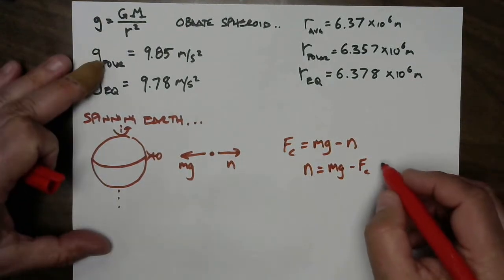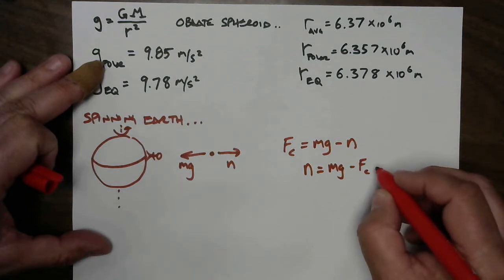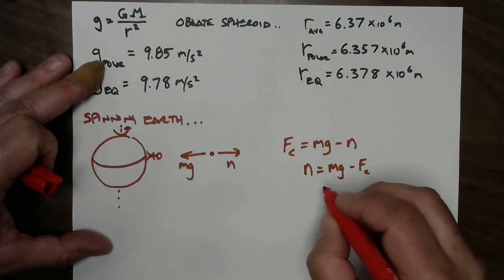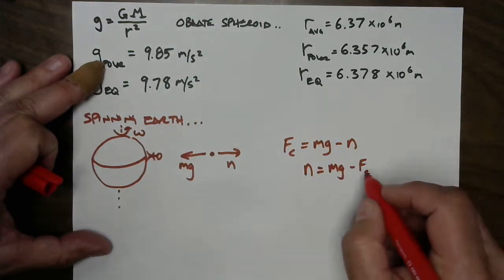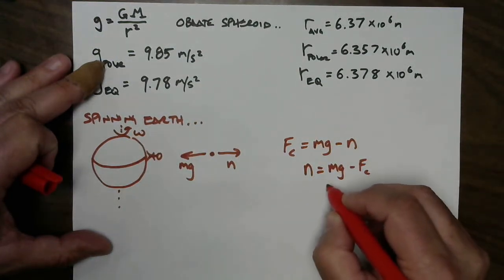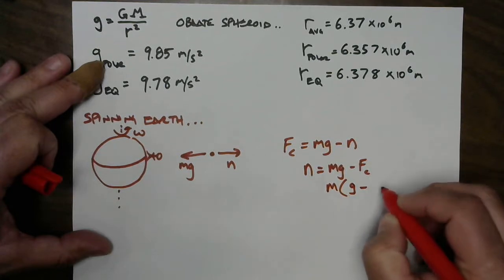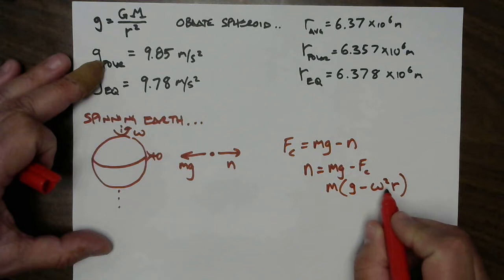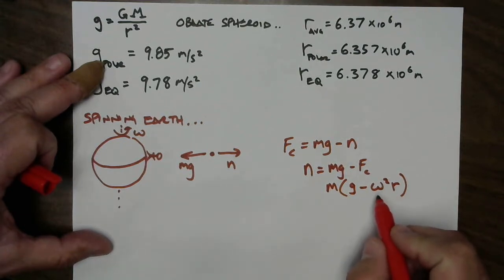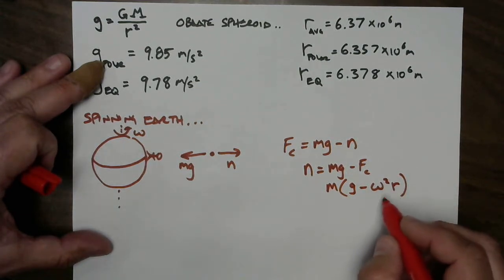Now, in terms of rotational speed, omega, the centripetal force winds up being omega squared times r. That's what happens when you replace the v with omega times r in the v squared over r.